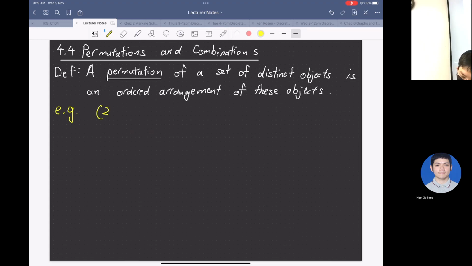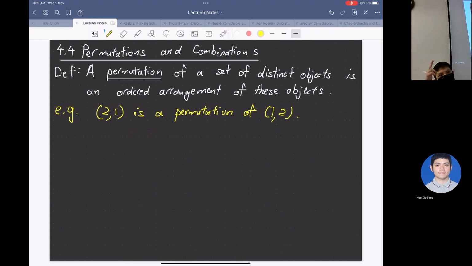For example, 2, 1 is a permutation of 1, 2, where you swap the first and second coordinates.